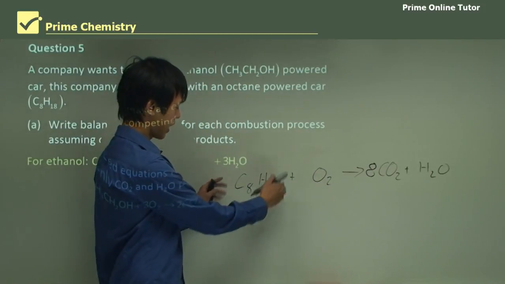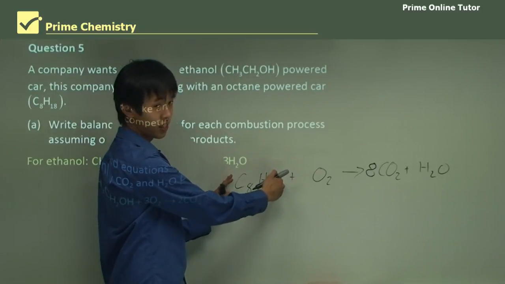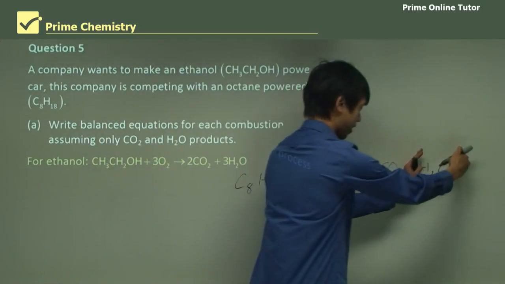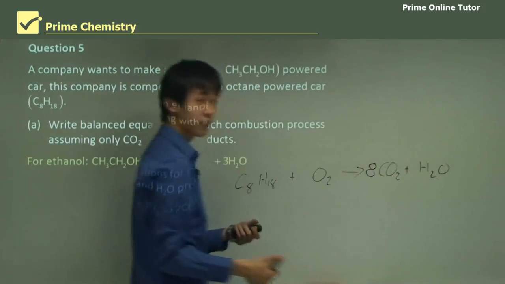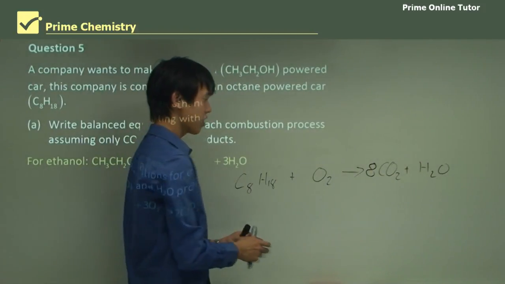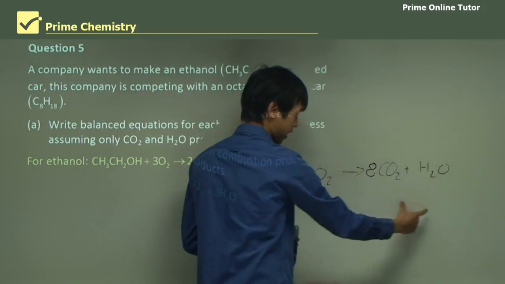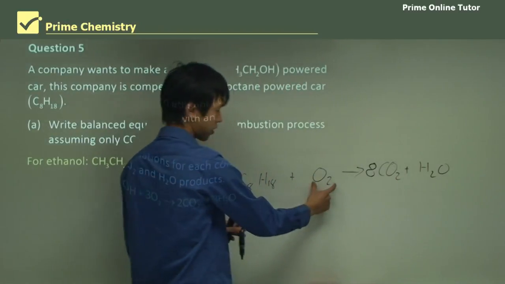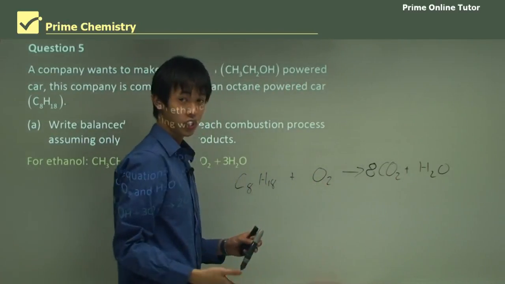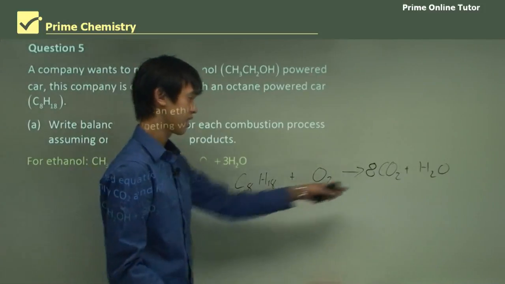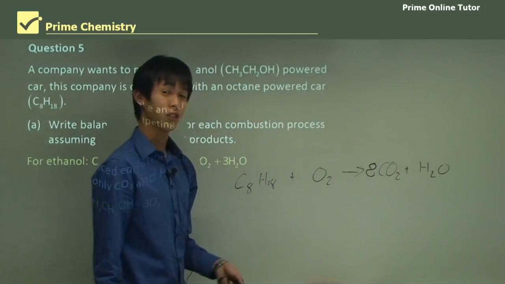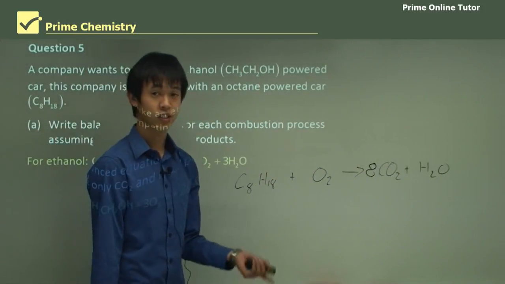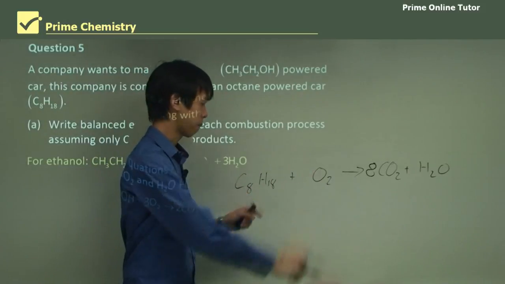Now you see that hydrogen appears in one part of the left-hand side and one part of the right-hand side, so it makes it very easy to balance. But when you look at oxygen, there's oxygen here and oxygen here, but only oxygen here. So you see that it would be much harder to balance, because these numbers will keep changing as you balance hydrogen. So that's why we balance hydrogen next, because it only appears once on either side.